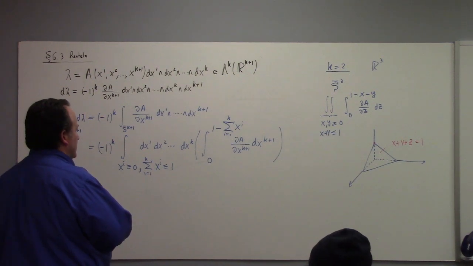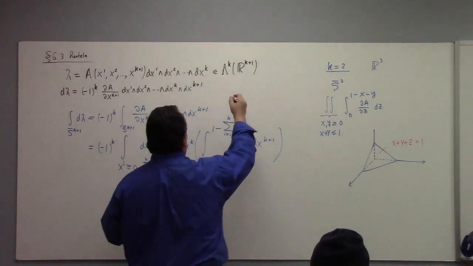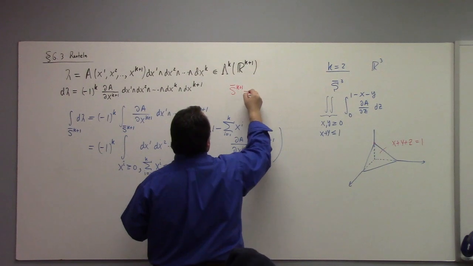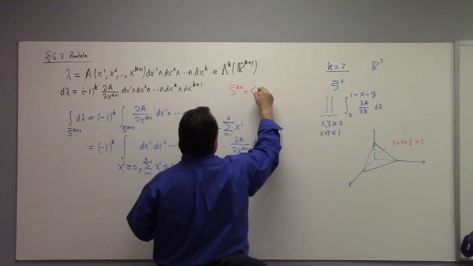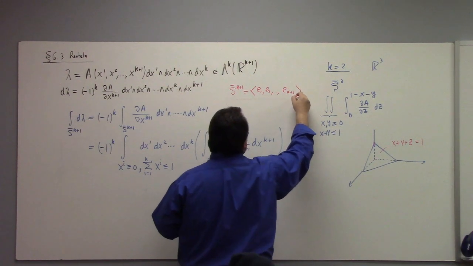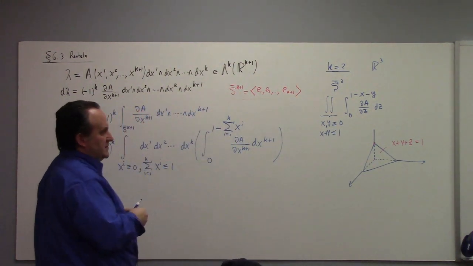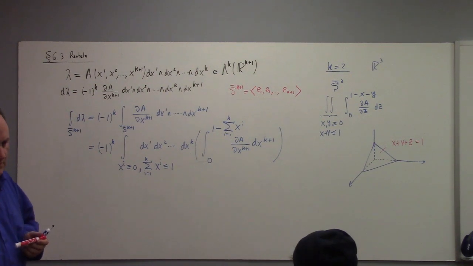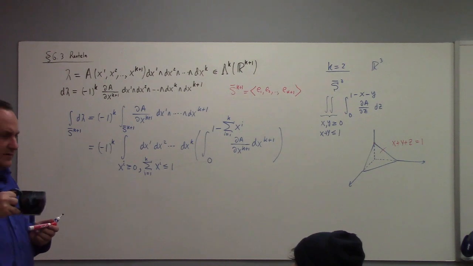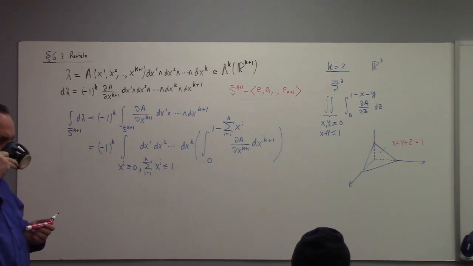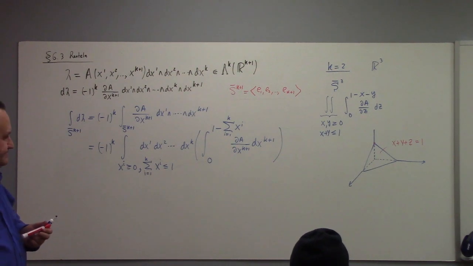If I'm right, then the definition that was given earlier for S bar k plus 1 is the convex hull of E1, E2, through E k plus 1, where that's the standard basis. So like the convex hull of E1, E2, E3 in R3 is this standard tetrahedron bounded by the coordinate planes.